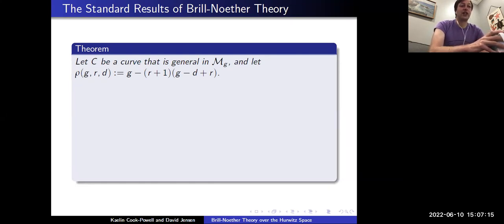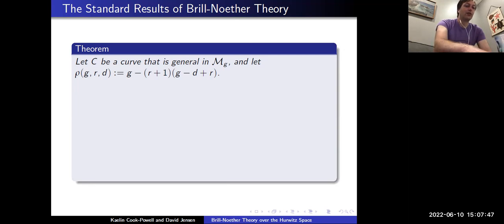If C is a general curve of genus g, then I define this number rho(g,r,d). It's (g-r-1)... (g-r+1) times (g-d+r). That's r+1 is h^0 of your line bundle, and g-d+r is h^1 of your line bundle, so this is g minus h^0 times h^1. But forget about the numerics. What this number rho is, is the expected dimension of the Brill-Noether variety W^r_d.